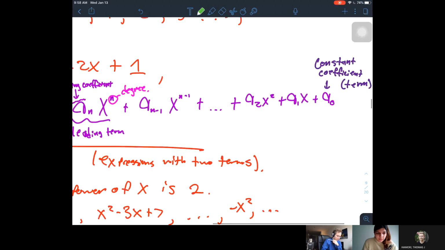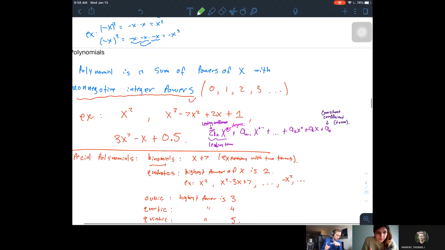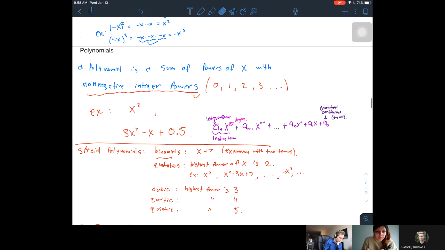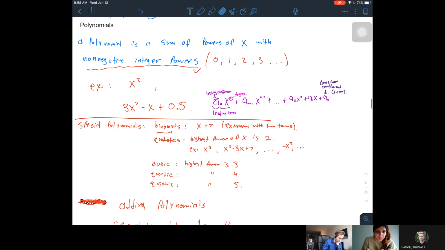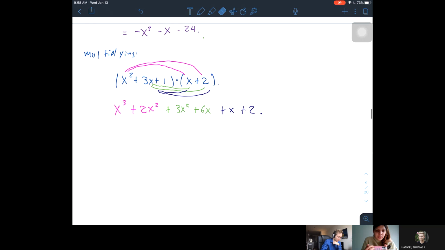You talking about this stuff? Yeah. Please zoom out a little bit more. Polynomials. No, I'm talking about today's lecture. Multiplying of polynomials?